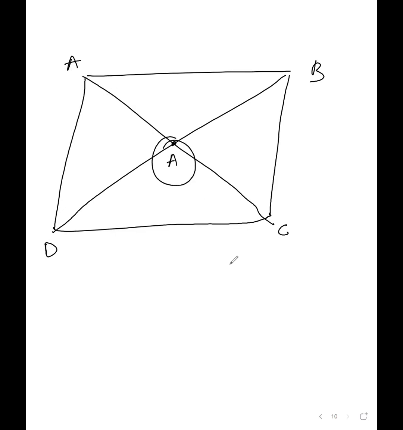Can I say that this point is also A? This name is already given to some other point, right? So I can't call this point A. Why? Because every name has to be unique. This point, I have to give it a name which is something new. Let's say I'll give it O or P or whatever.